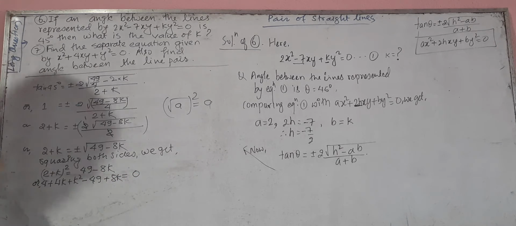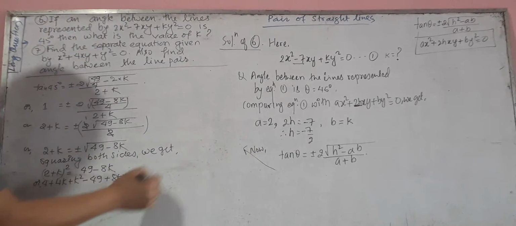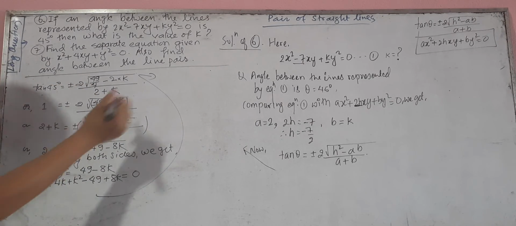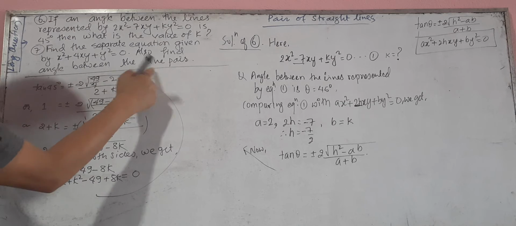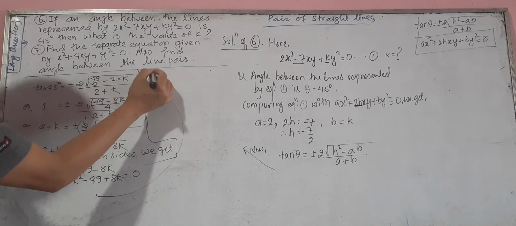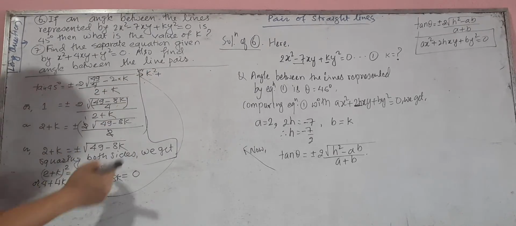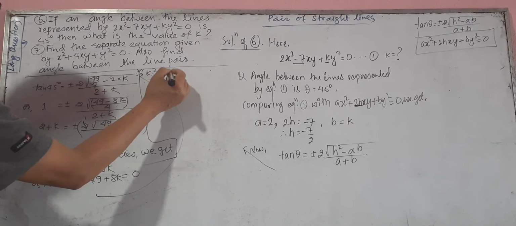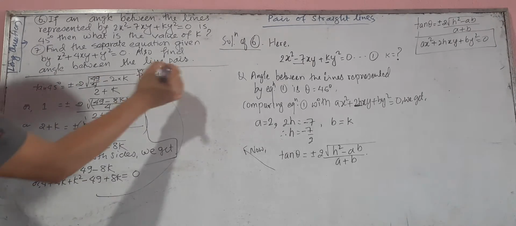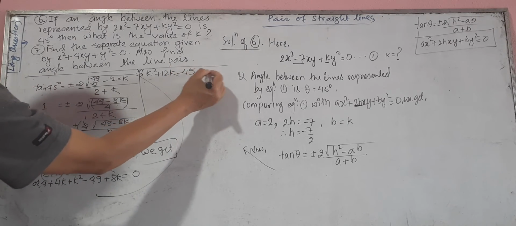So now we write it here. k square plus 8k plus 4k, that is 12k, and minus 49 plus 4 is minus 45, equal to 0.